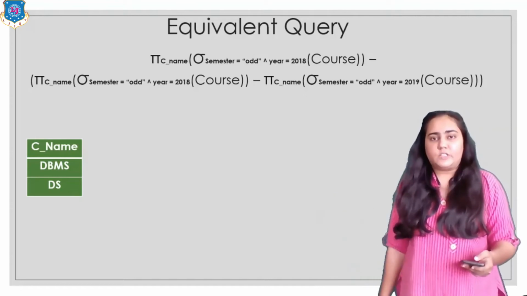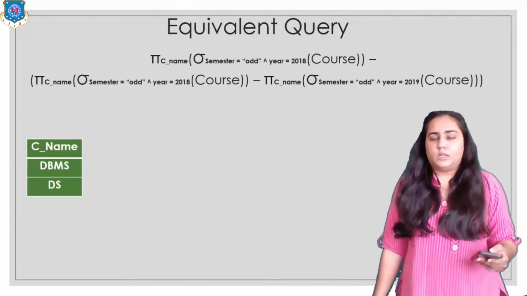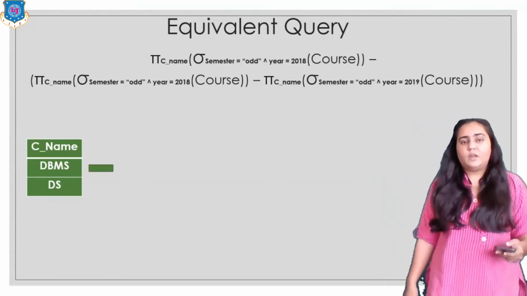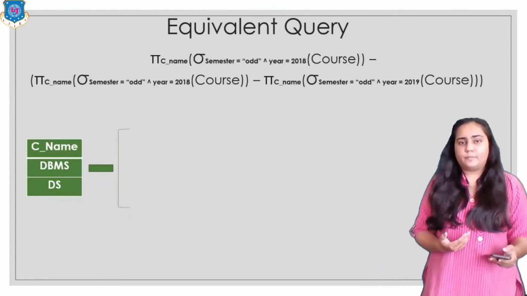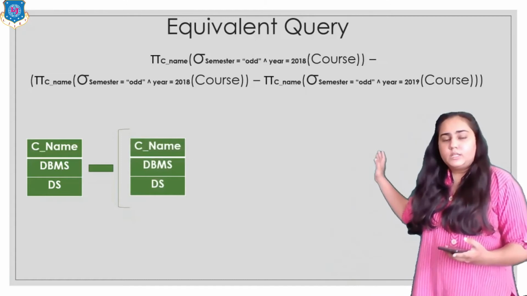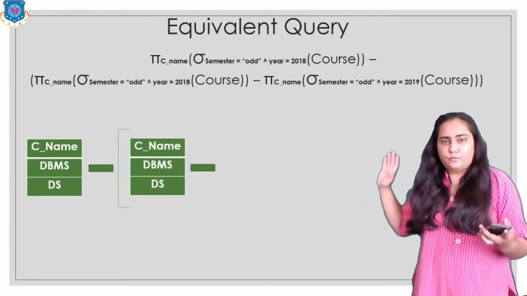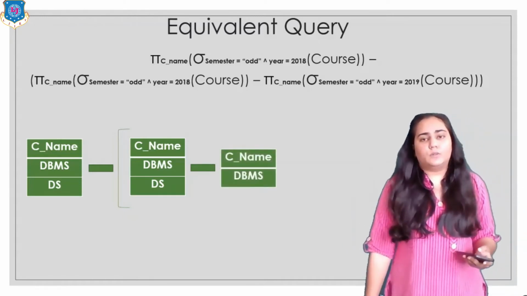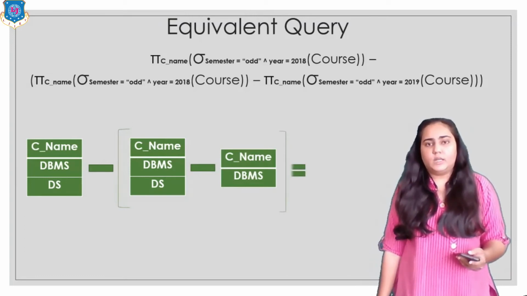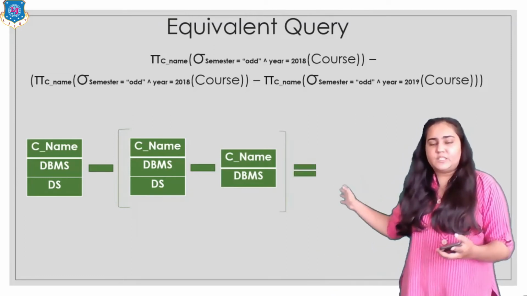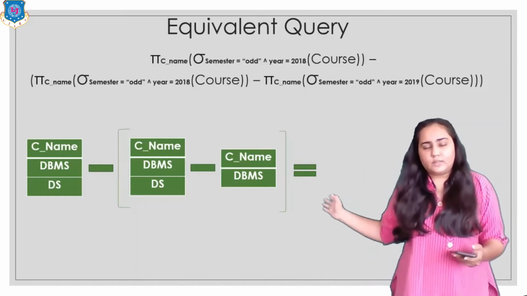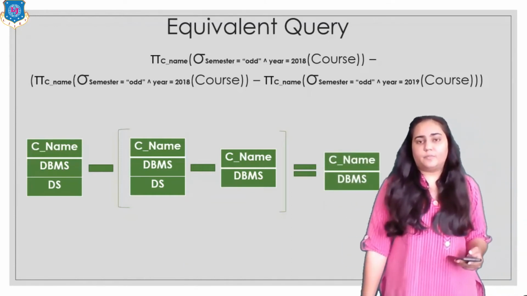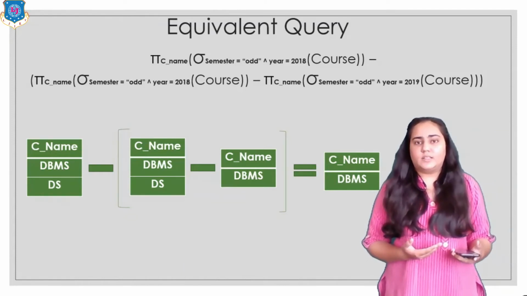The first query is fetching all courses from odd 2018, which gives me DBMS and DS, from which I am subtracting the result of the courses taught in odd 2019. Once that is done, whatever is inside the bracket is going to give me only DS, and then DS is subtracted from what is outside, so it results in DBMS. So it gives me the same result as intersection.